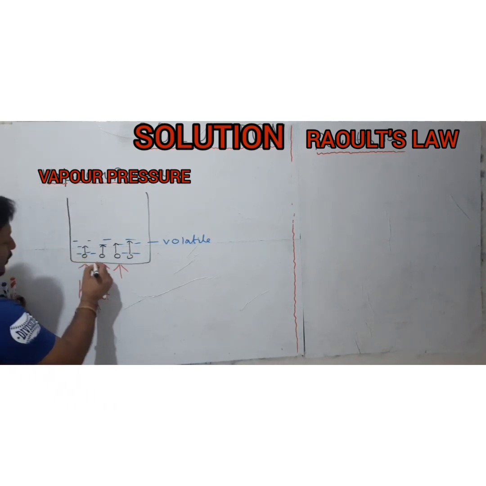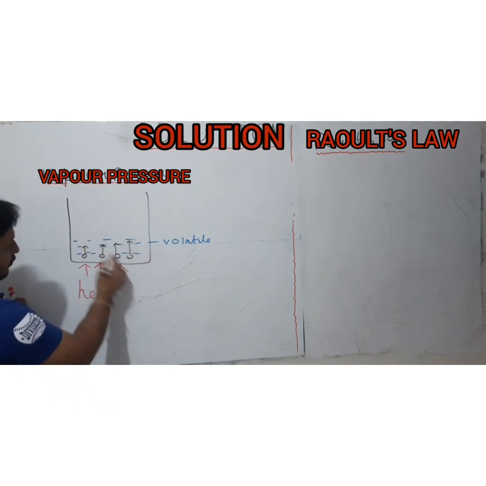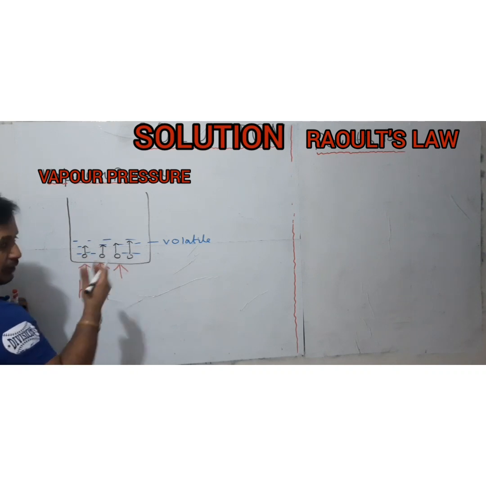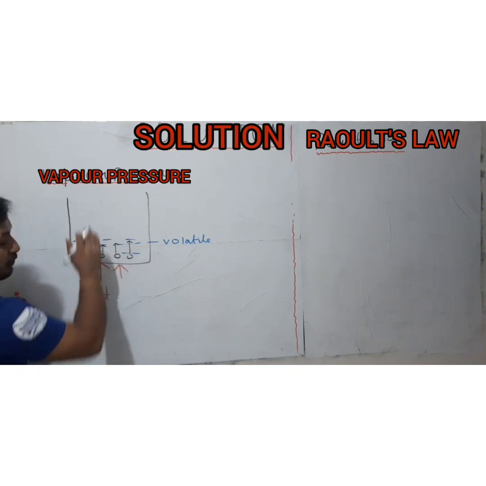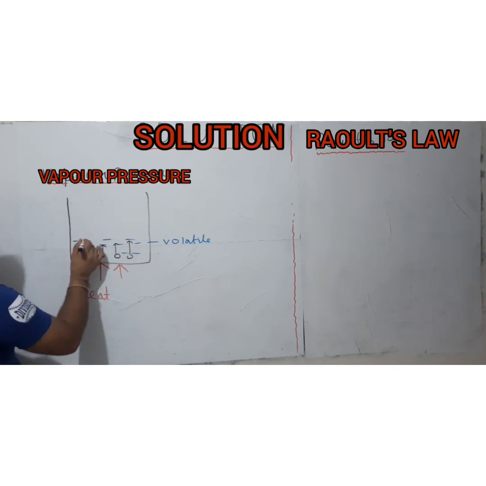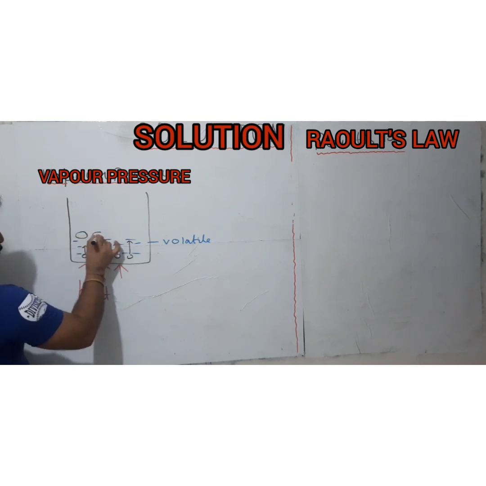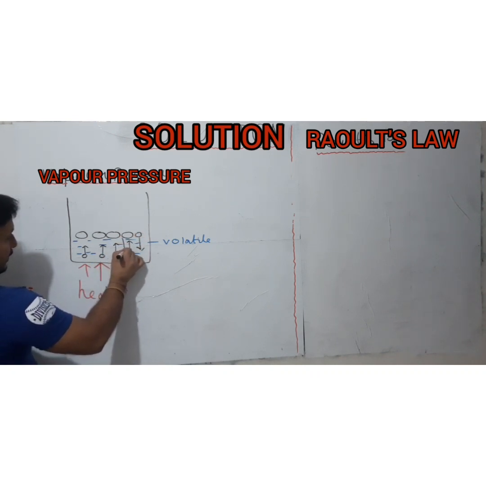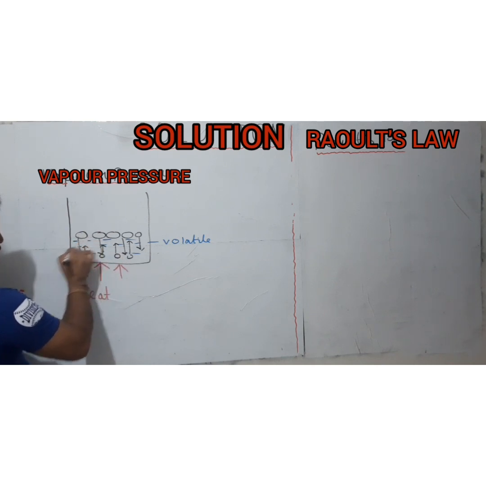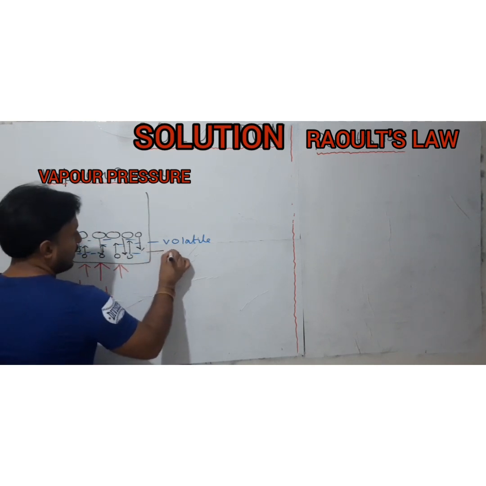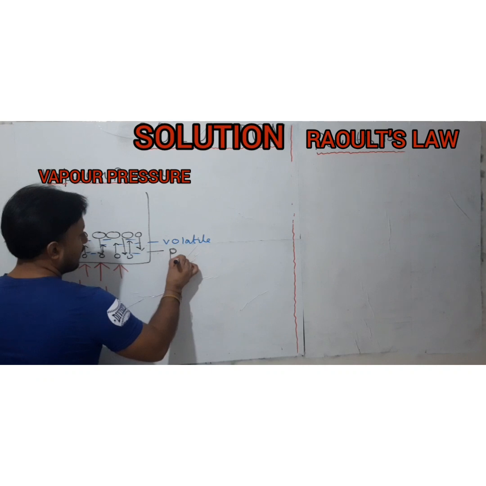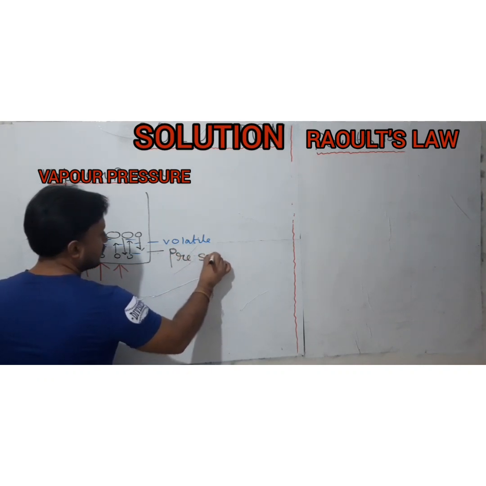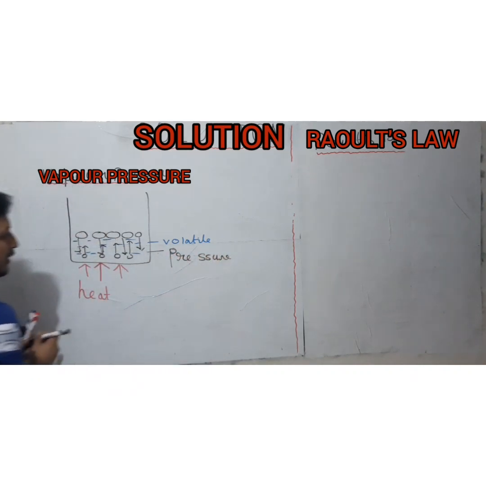So the vapors of that liquid will move to the surface and get collected over here like this. And then what is going to happen? They will start exerting a kind of pressure on the surface of the liquid.